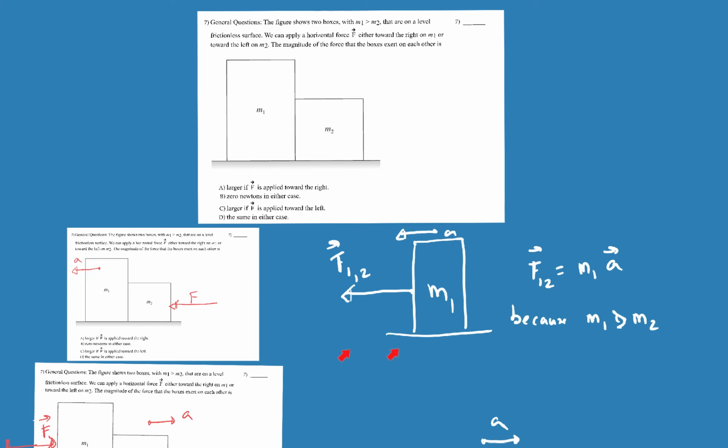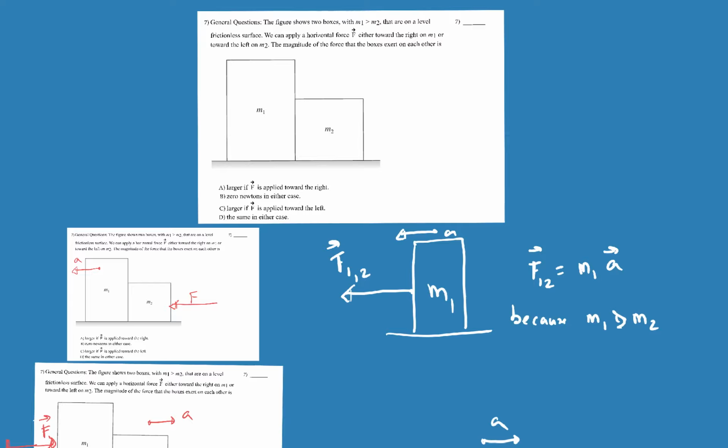Now, M1 is being accelerated to the right, so there is a force acting on it. What is the force acting on M1? It is the force acting on 1 due to 2, and this force is the mass of the particle times the acceleration. Because M1 is big, I expect this force to be big.